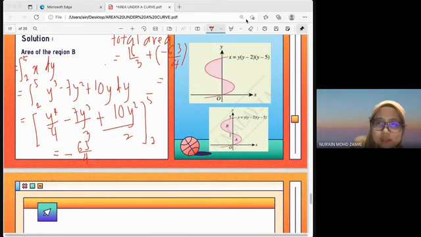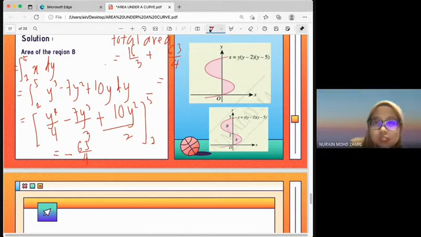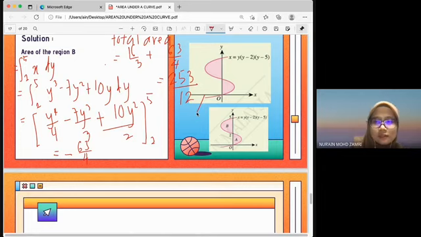No, you do not have to include the negative sign. Thank you, Nadira. It shows that you focus in my class. So what is the answer? 253 over 12. Yes, correct. So the answer is 253 over 12, the total area of the shaded region.